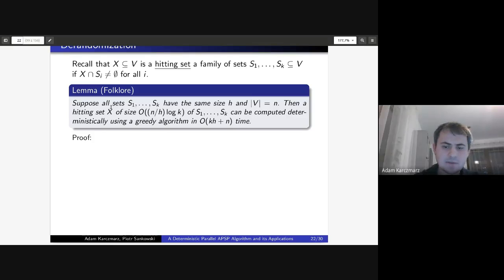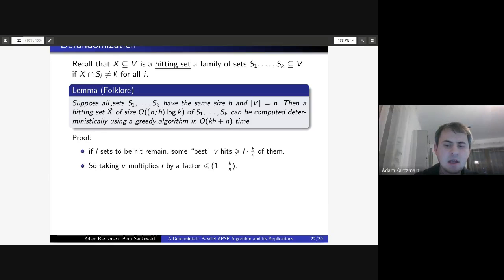Let us go through this algorithm because it is very simple. Suppose at some point there are still L sets to be hit, and then take some best element v that hits the most of the remaining sets. It surely hits at least an H over n fraction of the remaining sets. So taking that best v multiplies the quantity L by a factor of 1 minus H over n.